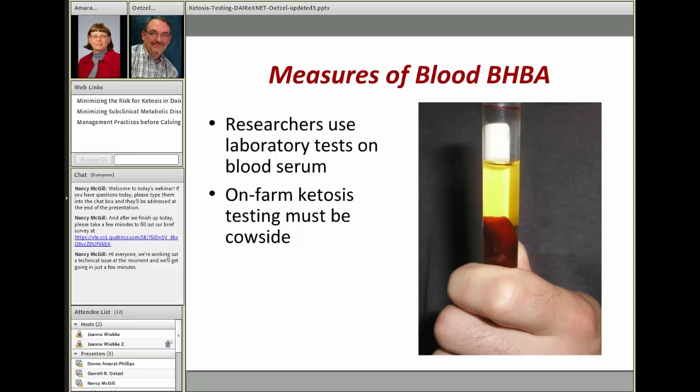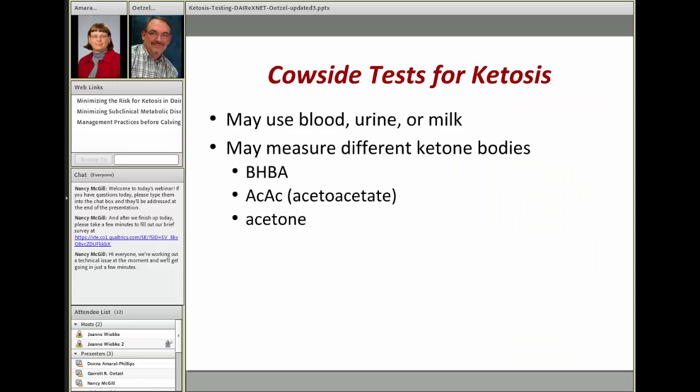But on-farm ketosis testing needs to be cowside. So a big part of this seminar is to get through those tests and to understand which ones are out there. We've got options. It can be blood, it can be urine, it can be milk. We also have options on our ketone bodies.